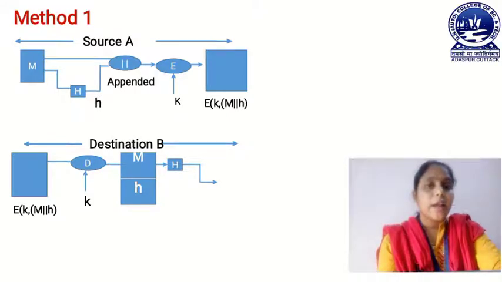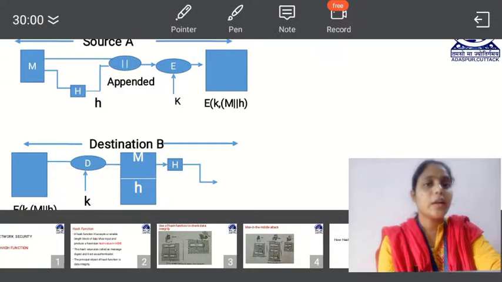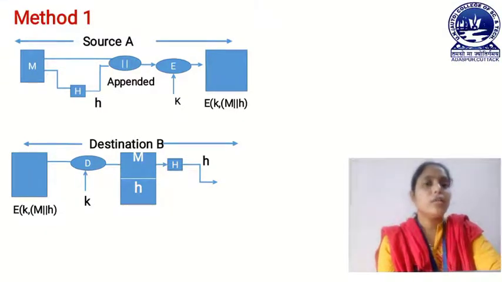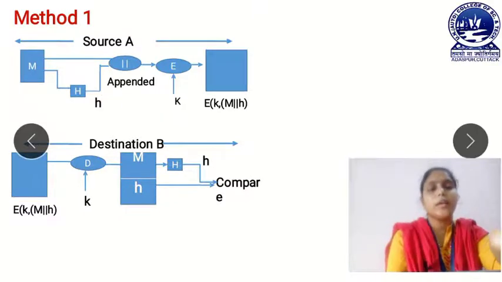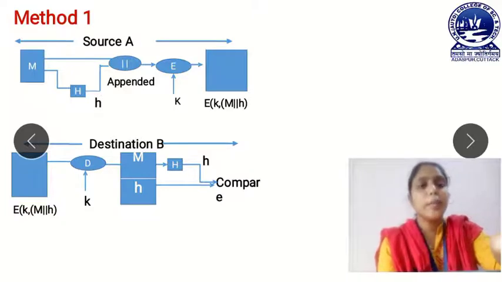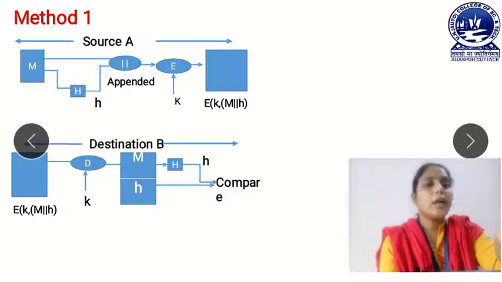Now again the destination B takes the message and calculates the hash value by using the hash function. Here the destination B calculates the hash value, that is H. After calculating this hash value, the destination B compares this calculated hash value with the appended hash value. Now look here, the destination B compares this appended hash value with this generated hash value.